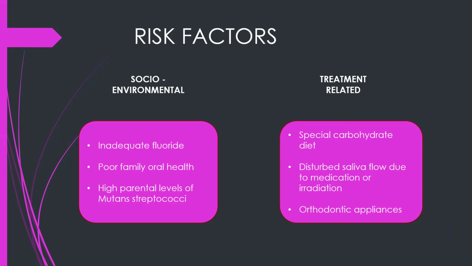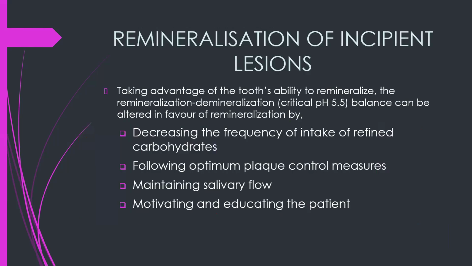If there is any medication that the patient is taking, the patient has undergone any radiation, presence of orthodontic appliances, all these treatment modalities may actually alter the oral hygiene and the oral microflora.